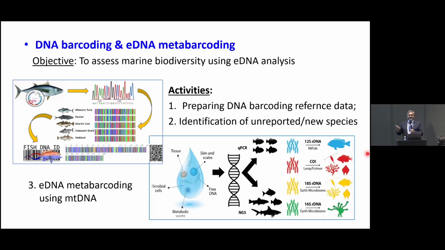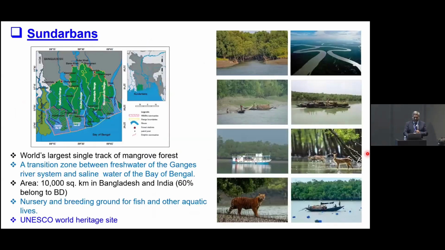That is, we are assessing marine biodiversity using DNA barcodes, and at the same time we are making a DNA barcode reference database. We are also identifying unreported and new species when working with DNA barcodes. And then environmental DNA metabarcoding using the mitochondrial genome. This is relatively new work in my lab, which we are working on now.